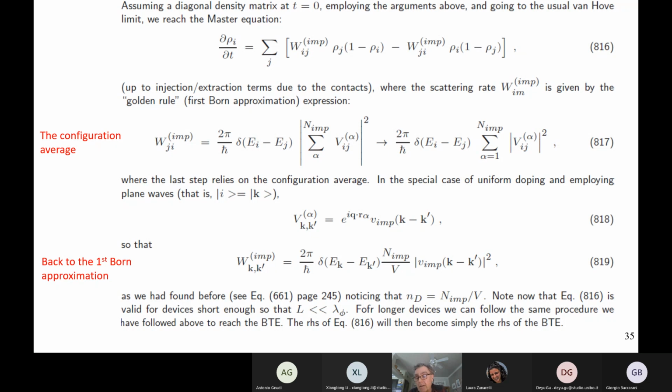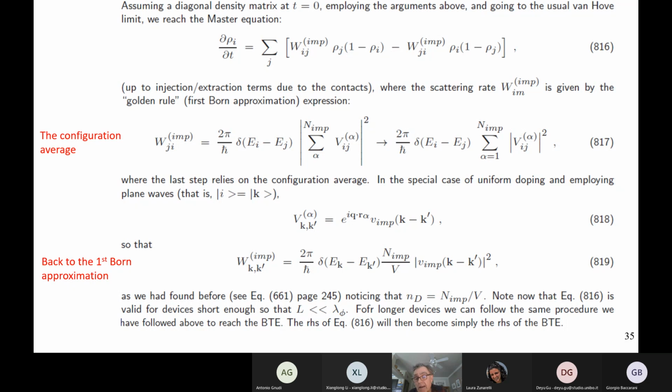The same for surface roughness scattering. If the device is very long, then whatever change of the phase is caused by scattering with one particular surface step at the beginning of the channel, it interferes with all of the possible other scattering processes along the channel. By the time you get to the drain, all phases are cancelled out.